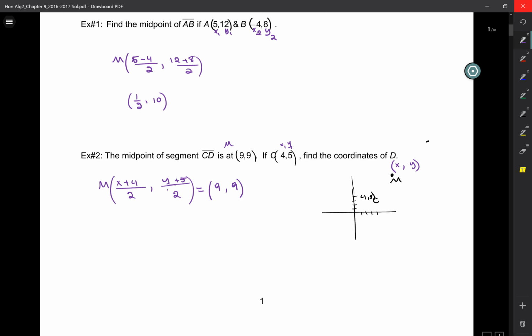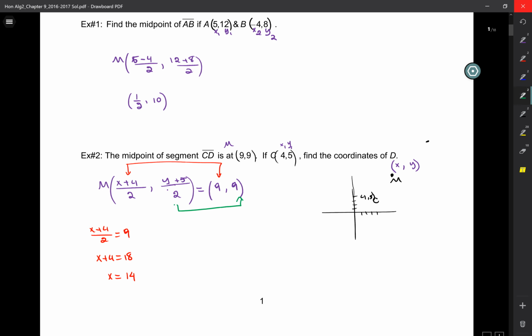Right? That's the midpoint. So now you just have to match the x's with the x. So we say x plus 4 over 2 equals 9. x plus 4 equals 18. x is how much? 14. Am I doing this right?